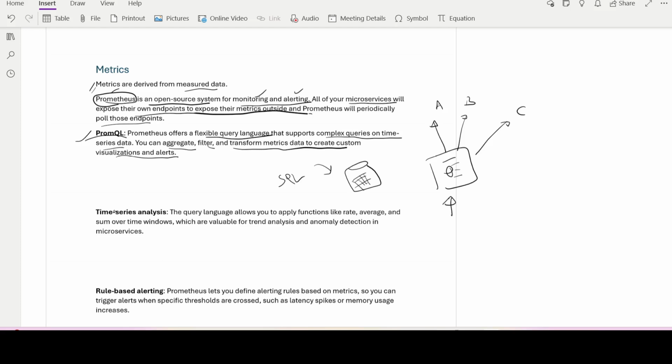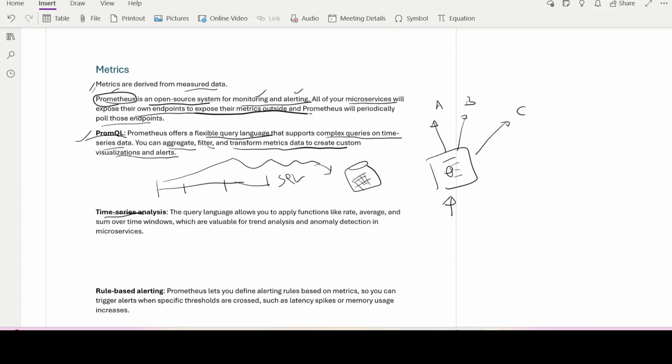Okay. Now it also provides time series analysis. We need time series analysis because we want to know how our microservice is responding, say, every 1 hour. Say for example you take CPU utilization: is it going high or is it going lower? We'll be able to see the trend.